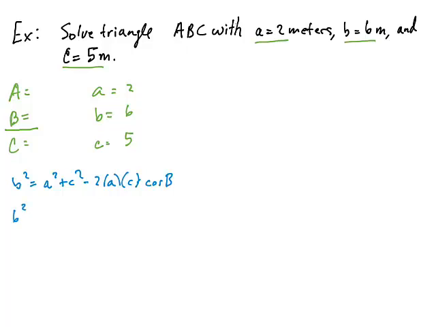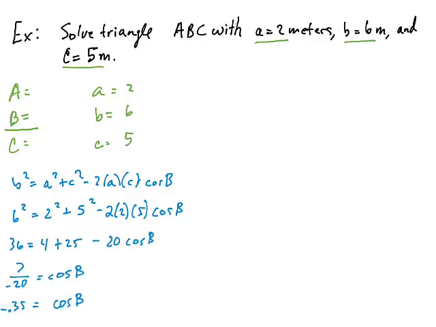So this will be 6 squared equals 2 squared plus 5 squared minus 2 times 2 times 5 cosine of b, and then let's just simplify that down and solve for cosine of b. Doing so, we end up with negative 0.35 is equal to cosine of b. So we'll use the inverse. Cosine inverse of negative 0.35 is equal to b.